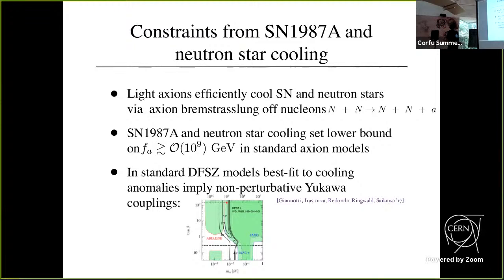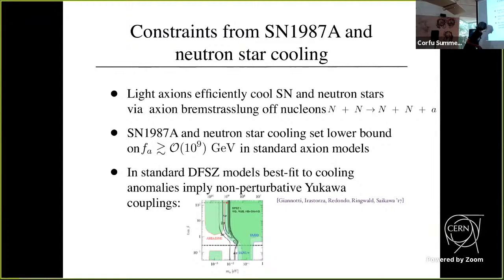So in typical axion models, this constraint requires the axion decay constant to be above order 10^9 GeV, which is also more or less the scale needed to explain the stellar cooling anomalies.